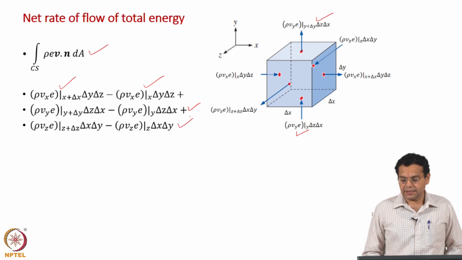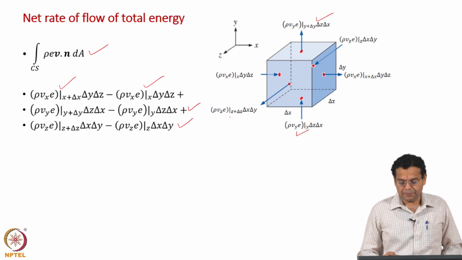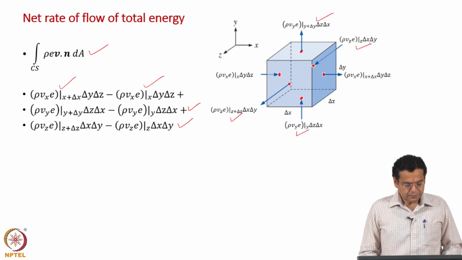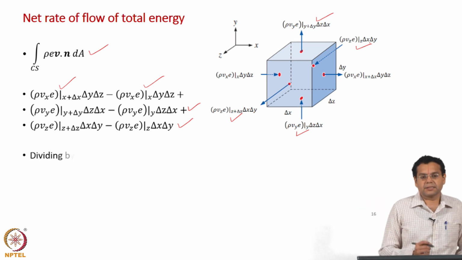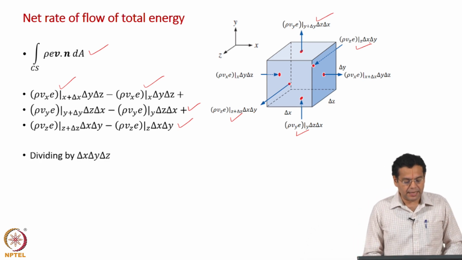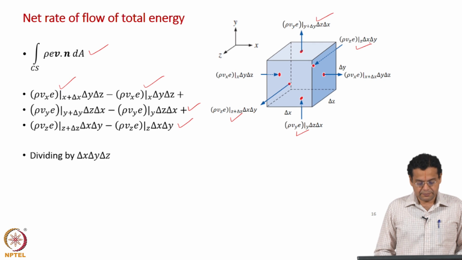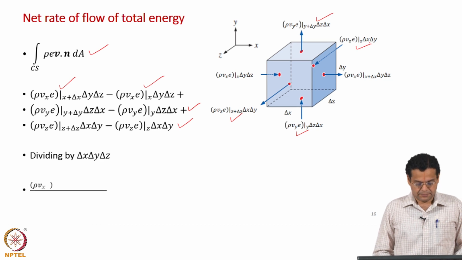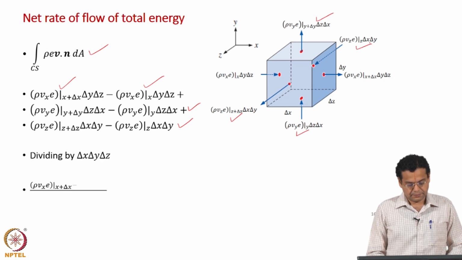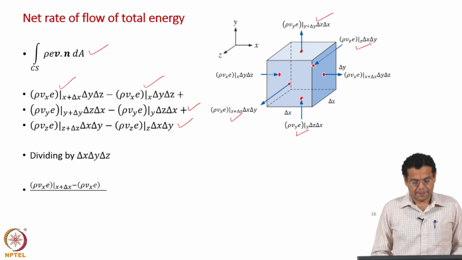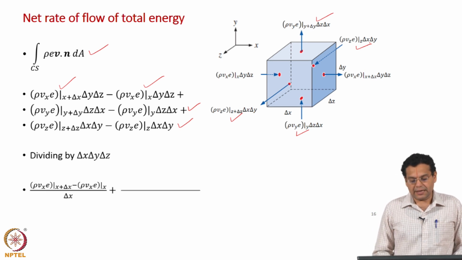Similarly, in the z direction, and those are shown here, what is leaving and what is entering. So, as we have discussed earlier, let us divide by delta x, delta y, delta z and keep it ready, so that later on we can take the limit delta x, delta y, delta z tending to 0, so that it becomes a point.